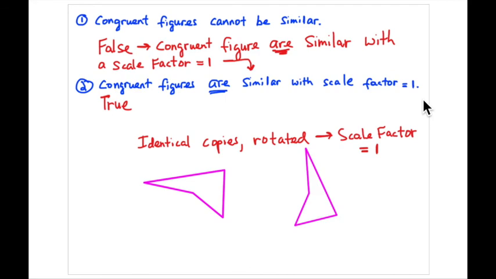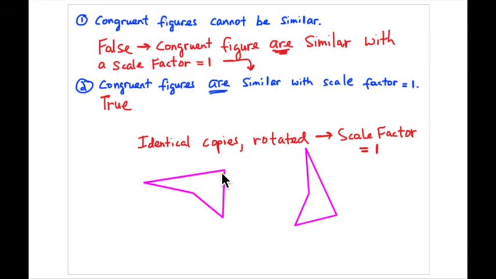So that is true. So if I take this figure and make an identical copy of it and just rotate it a little bit, it's still a congruent figure and it still has a scale factor of 1. Because if you think about the center of dilation being one of the vertices, then this length is going to be the unit length that you deal with for that dilation, and that length times 1 gives you that length.